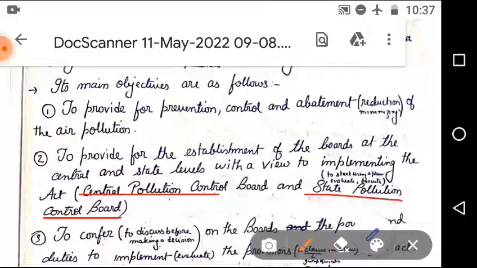They are responsible for making the objectives of the Air Pollution Act come true through mutual actions with the central board. But the State Pollution Control Board is maintained at state level only, and it will not interfere with other states.